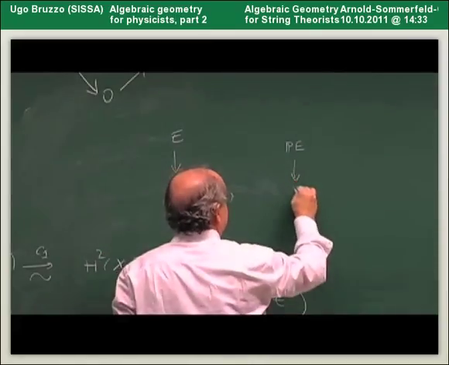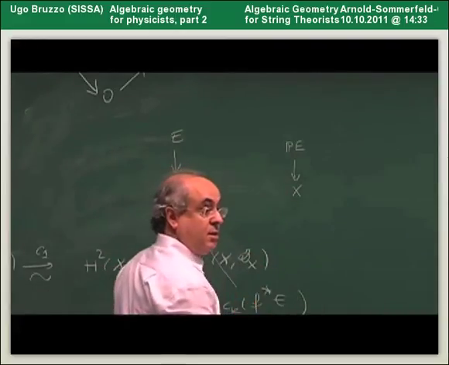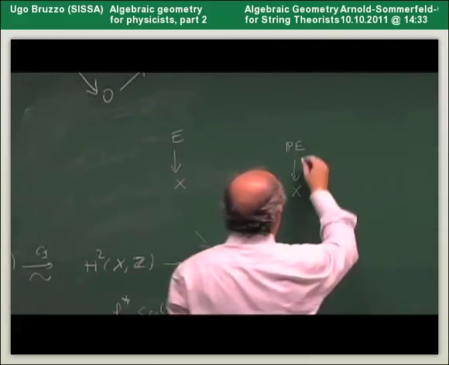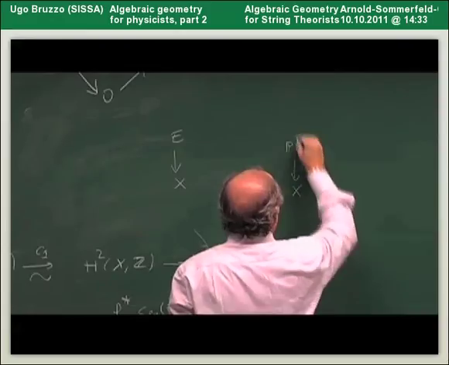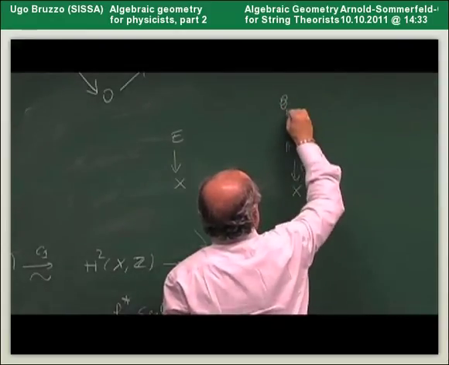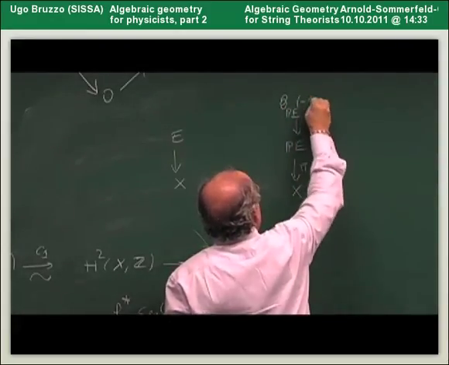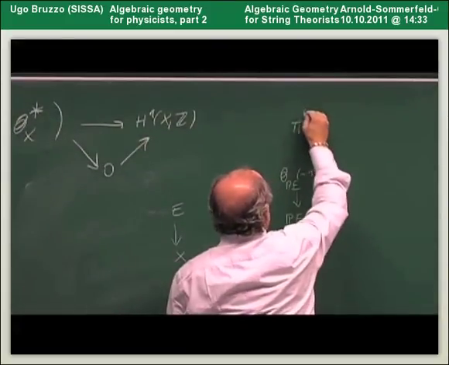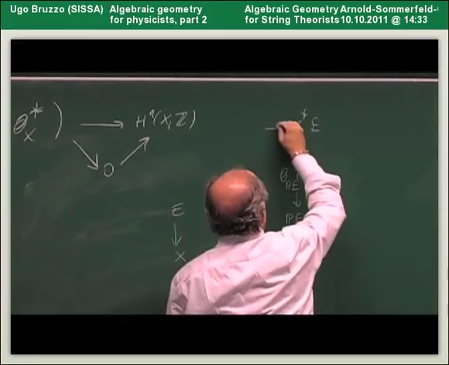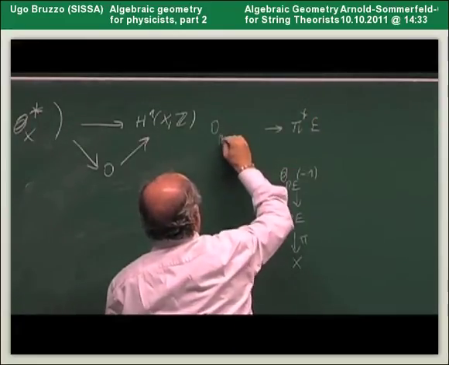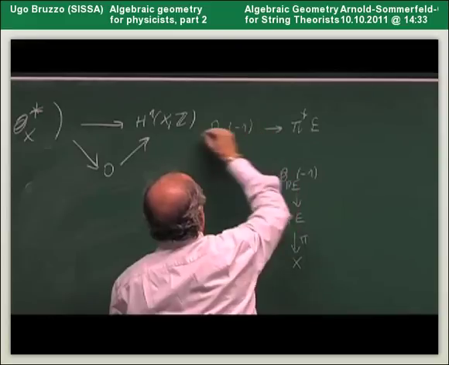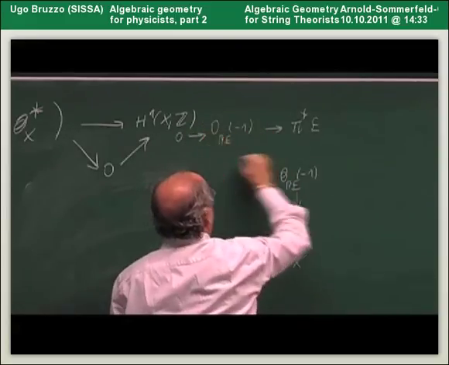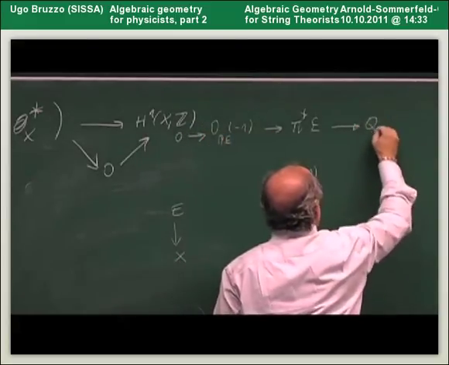So you get a bundle in projective spaces. On top of this bundle, there's a canonical line bundle, which has this funny name. And then what you do is that you have an exact sequence like this. And here you have a quotient.